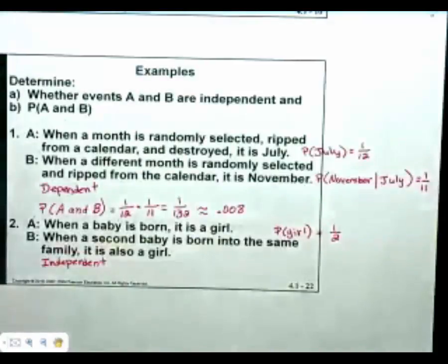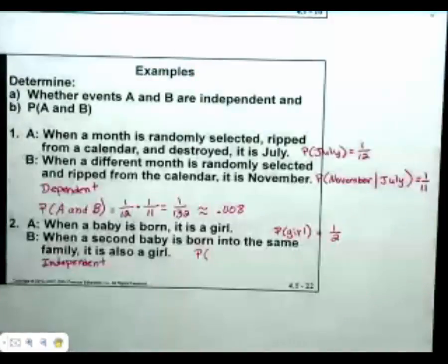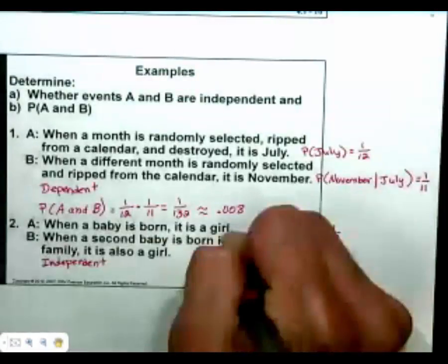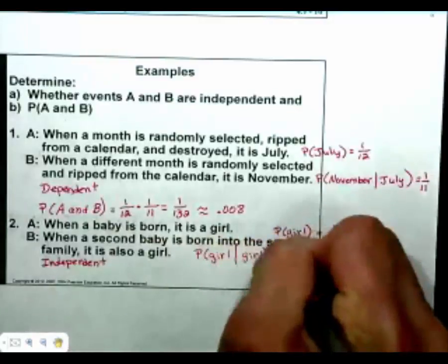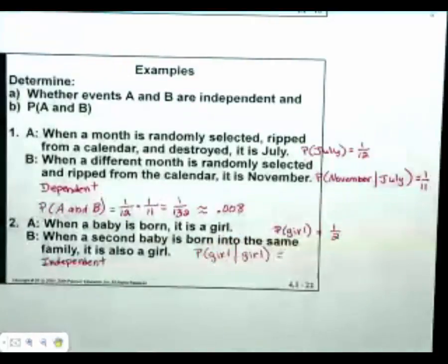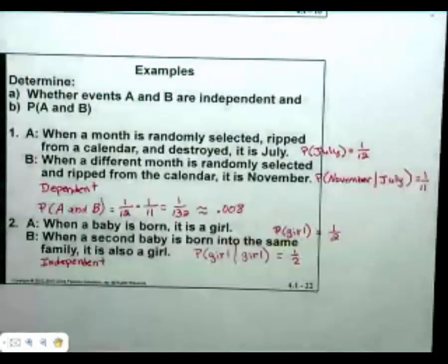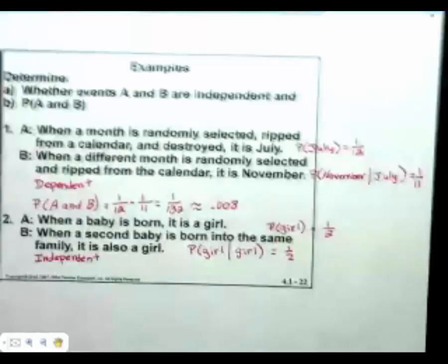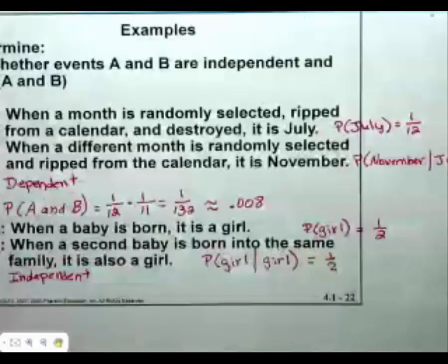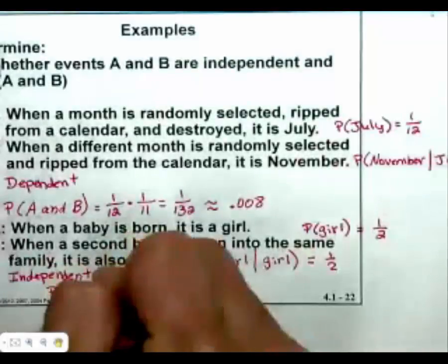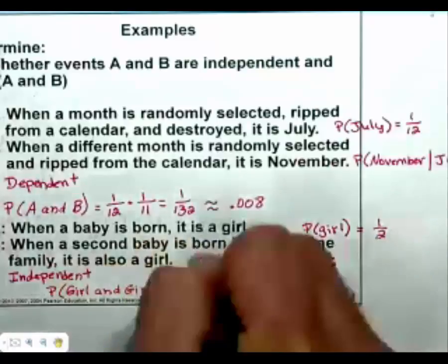And then the probability of the second child being a girl, given that the first child was a girl, is what? Still a half. Because those 2 events are independent of each other. So how do you find the probability of the first child being a girl and the second child being a girl? 1/2 times 1/2.